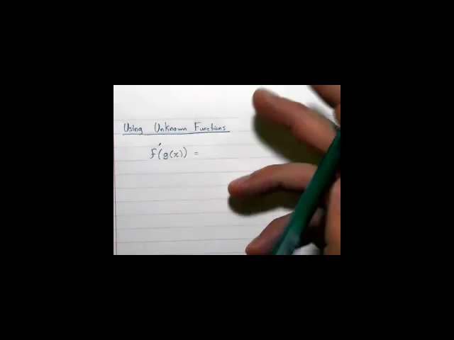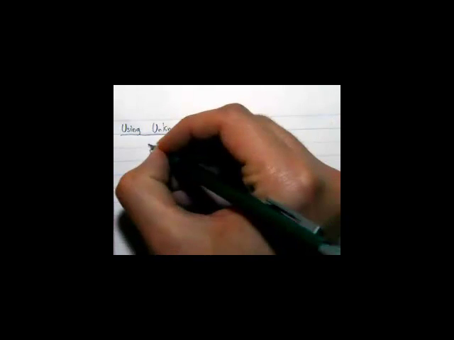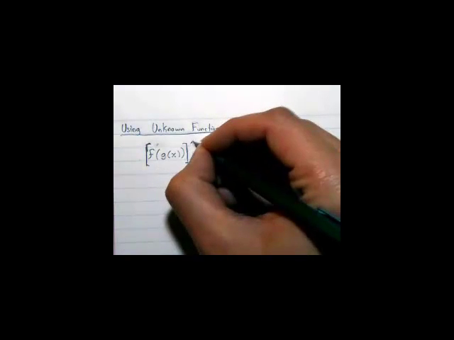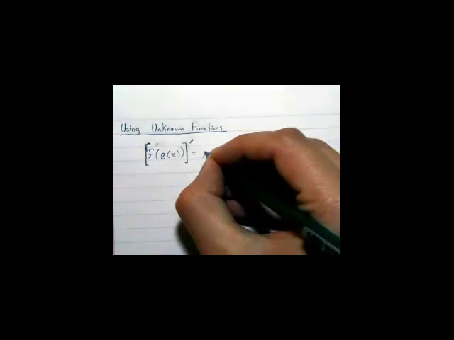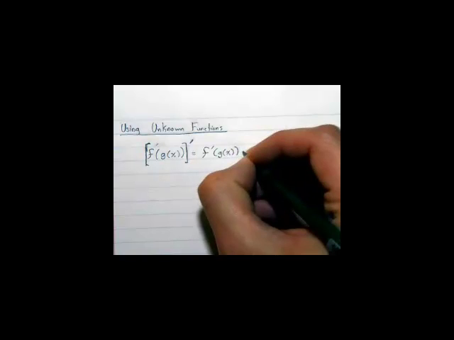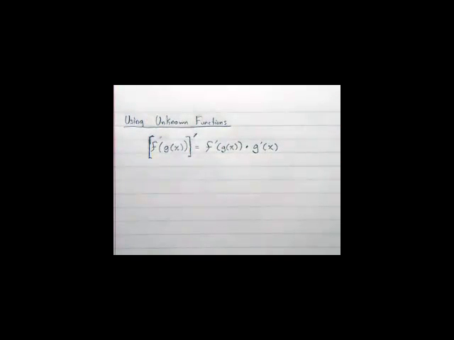I don't want the prime there, I want the whole thing. Sorry, I got to write it this way. You want the derivative of this whole thing, so it should be that prime equals f prime of g of x multiplied by g prime of x. That's how it should look.